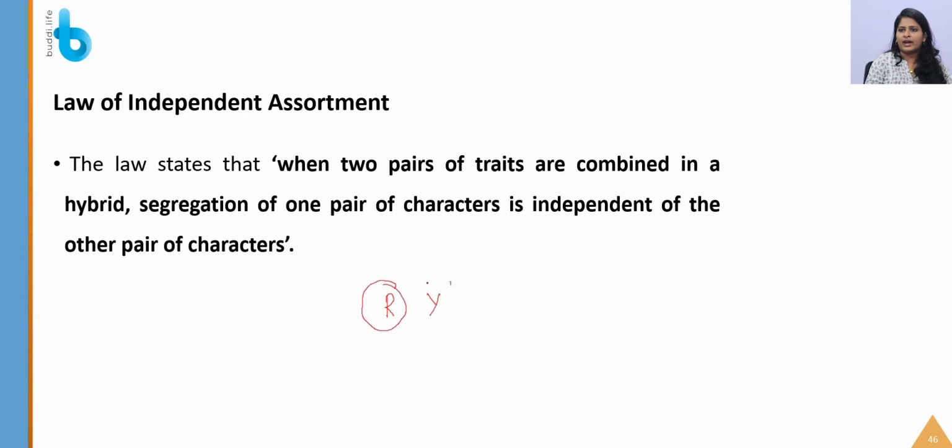The segregation of this round and yellow character is independent of each other. That is, this can be received by one gamete, and this can be received by the other gamete. So this can also form a combination with wrinkled, or this can also form a combination with green colored seeds.